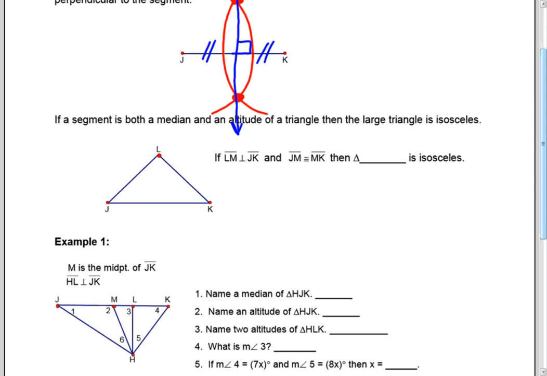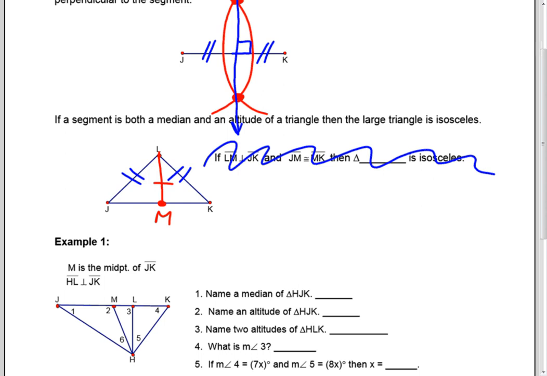For this, let's cross this out. And we're just going to make this into an isosceles triangle. And then I'll place a new segment in here called LM. Why am I allowed to do this? Reflexive property.